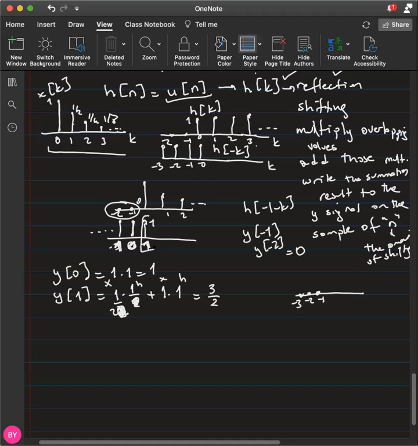I multiplied 1 here with this one, 1 over 2, and then I multiplied this one with this value. So how about y of 2? What should I do? Now this will shift like this.